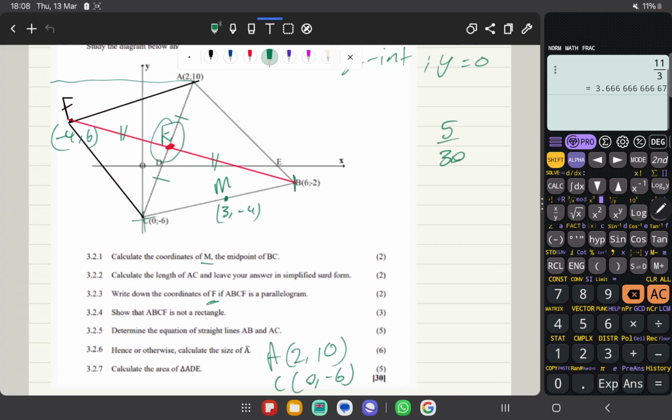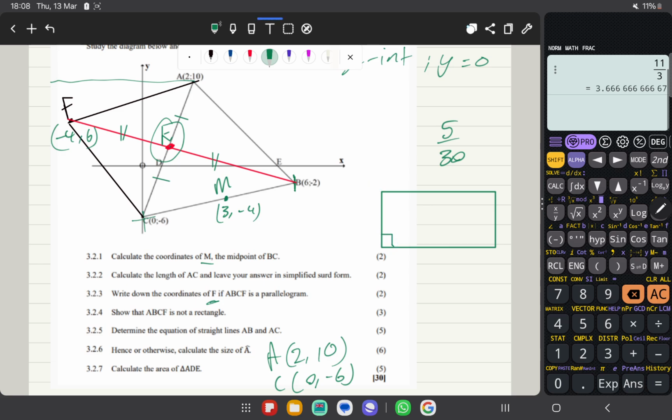I say it's not a rectangle, but remember there are many characteristics you can focus on. If I draw a rectangle for myself, you have 90 degrees here.